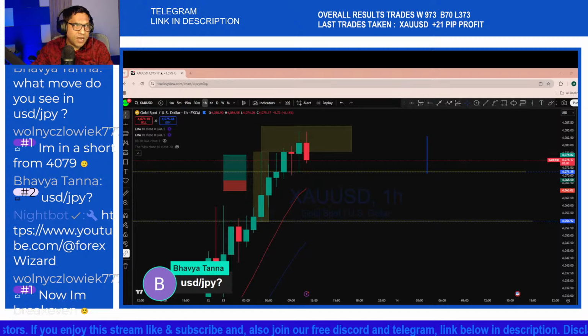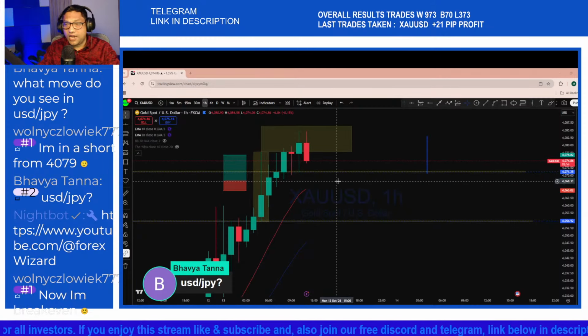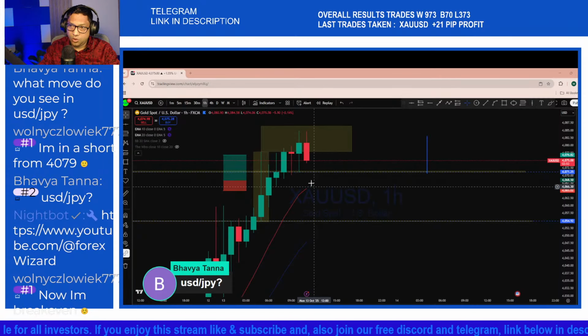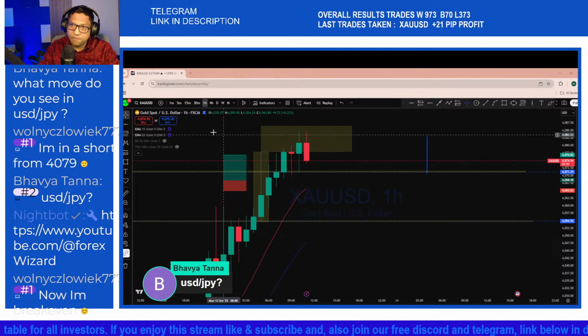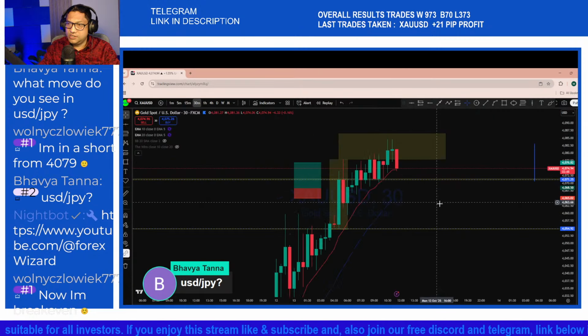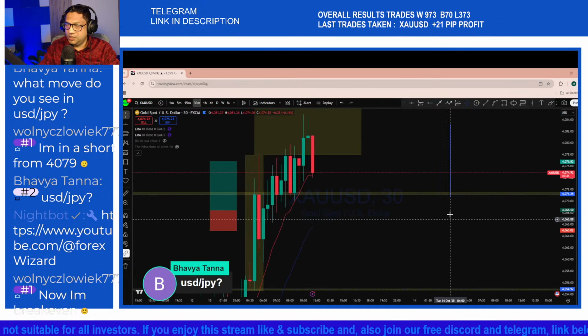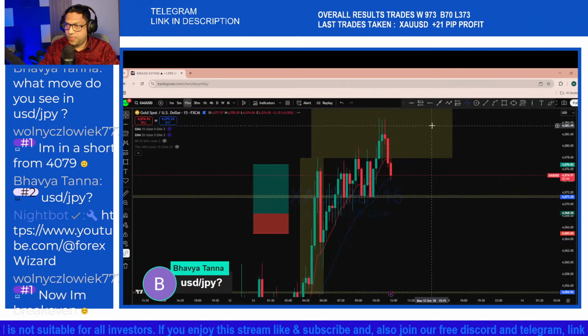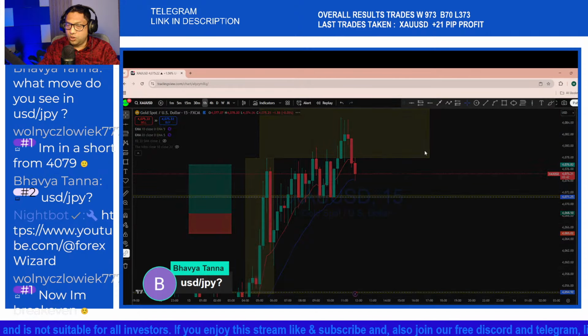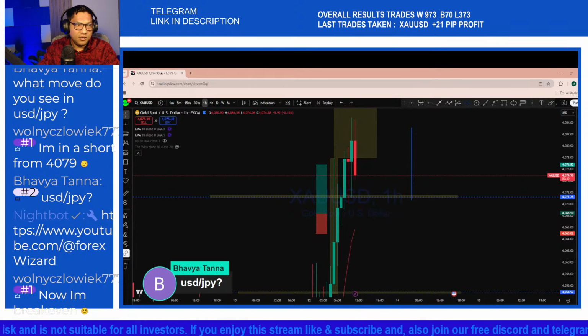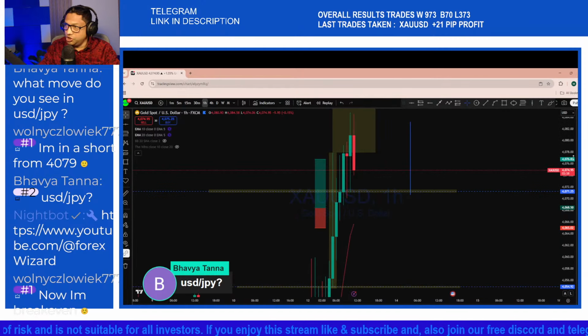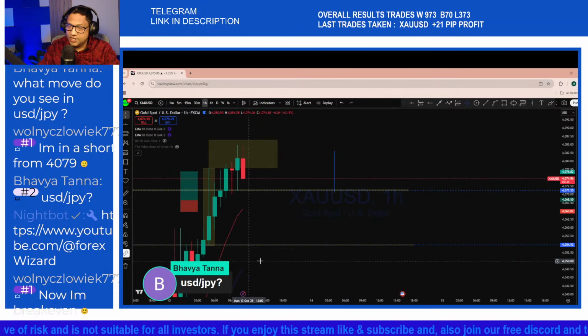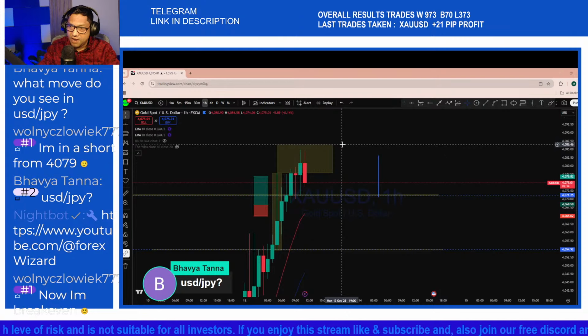But at the same time, it is likely that the market could even reject in between this support and resistance. So that being said, the market could potentially come down to retest and then return back above here.